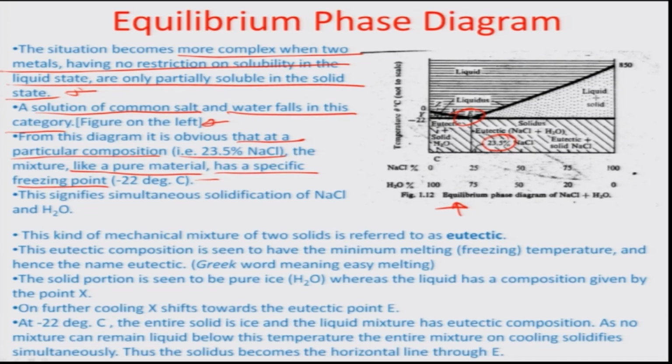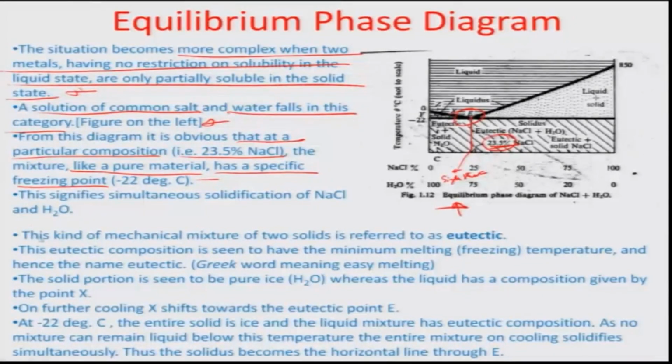That means there is a transition directly from the liquid into the solid state without any intermediate state, and whatever is formed here is a single phase or a single structure of the material. This corresponds to only a certain percentage, about 23.5% of salt, beyond which any excess salt will come out of the crystal.